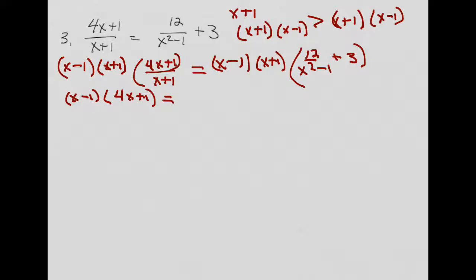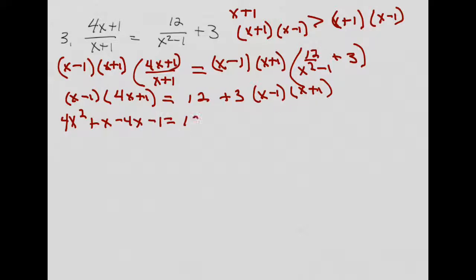Now on the other side, x squared minus 1 is the same as these two multiplied together, so when this multiplies by the first term, all I'm going to have is 12. And then I'm going to have plus 3, and there's no denominator, so I'm going to have x minus 1, x plus 1. Okay, so let's go ahead and simplify. This is going to be x times 4x, that's 4x squared. Then I'm going to have plus x minus 4x and minus 1.